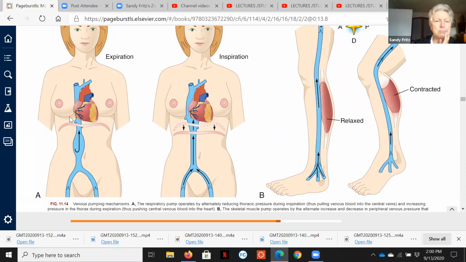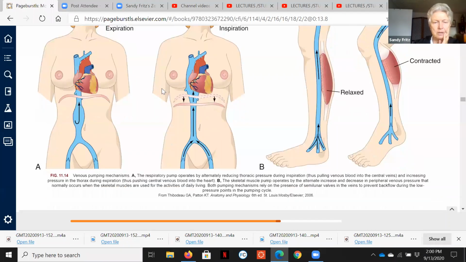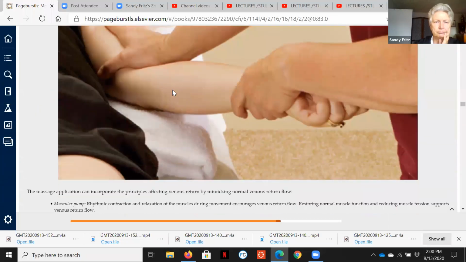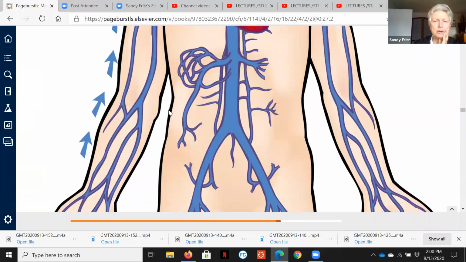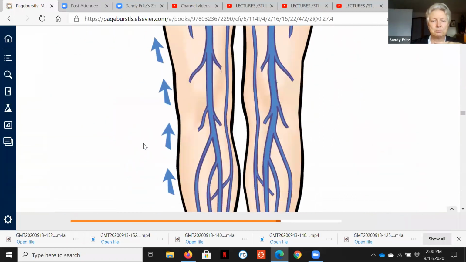The breathing as well is a big support for movement of venous blood back to the heart. And if we're going to think about how we would encourage blood flow, this gives us the idea of the direction, our intention for which way we want the blood and fluid to move.